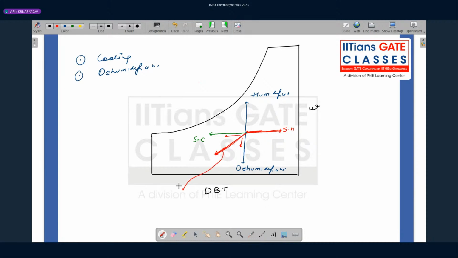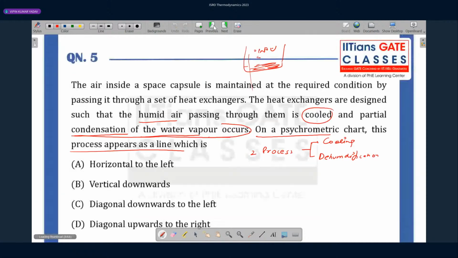So this process will be cooling and dehumidification. Okay, so this is your process. It is not horizontal, it is diagonally downward to the left. Horizontal to the left means simple cooling. Vertically downward is simple dehumidification.